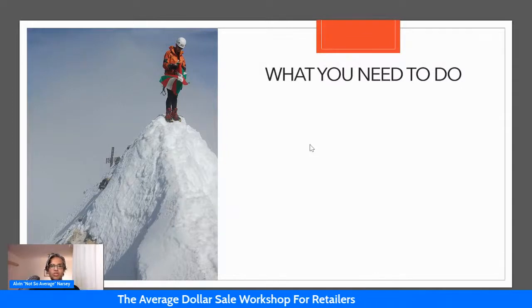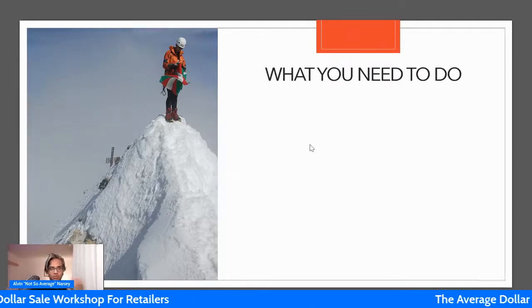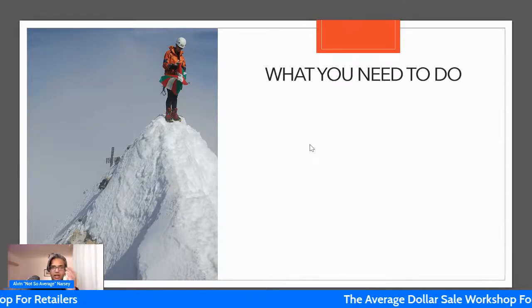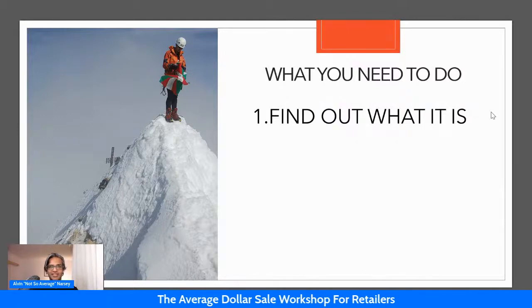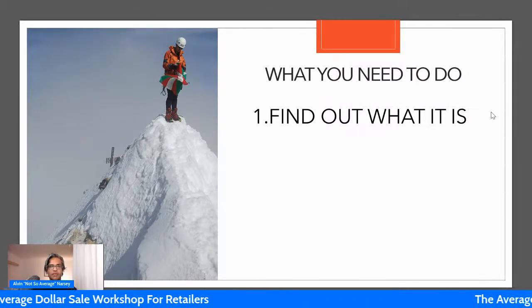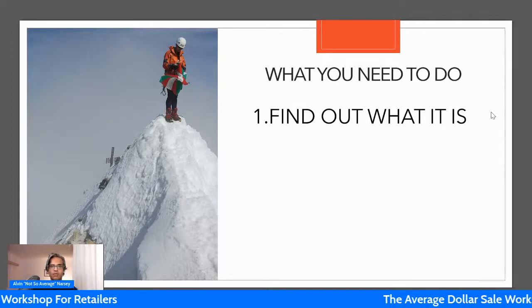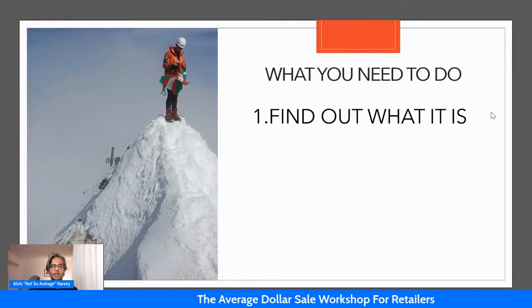So here is what you need to do to get a better understanding of the average dollar sale, which is why we call this the average dollar sale method in your retail business. So step one, we need to find out what it is. This is a novel concept, right? But hopefully you have a point of sale system, some way of working out in your retail store what your average sale per client is.